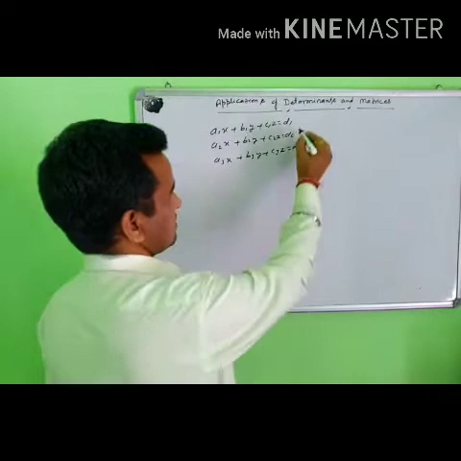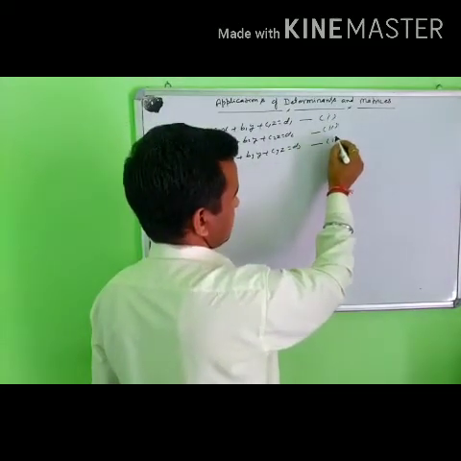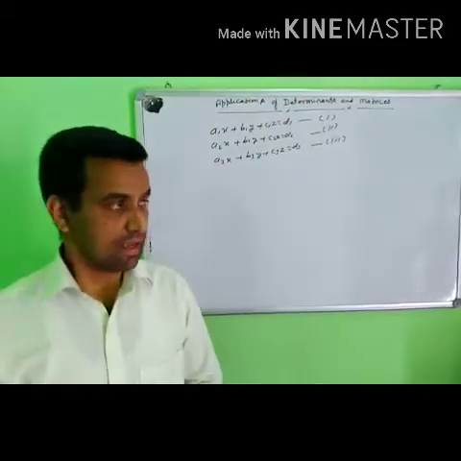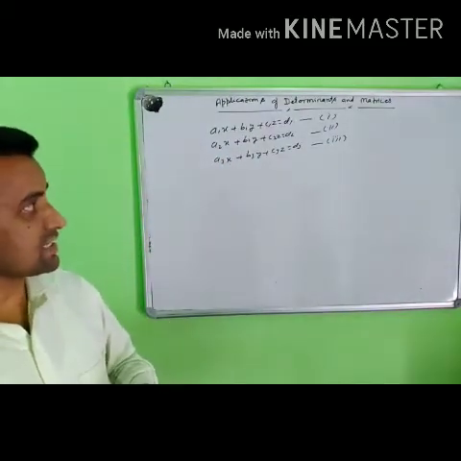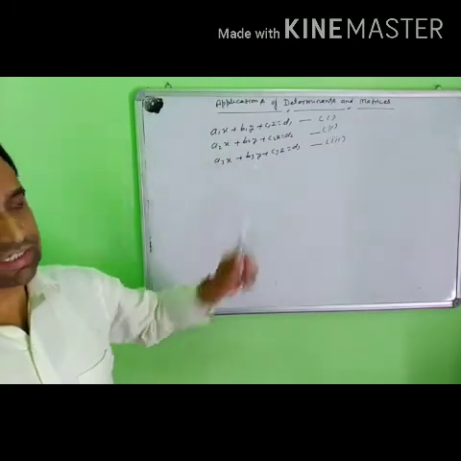So these are three equations with three variables; sometimes three variables mean three equations, sometimes two variables mean two equations. First, how to check the consistency of these equations, consistent or inconsistent.